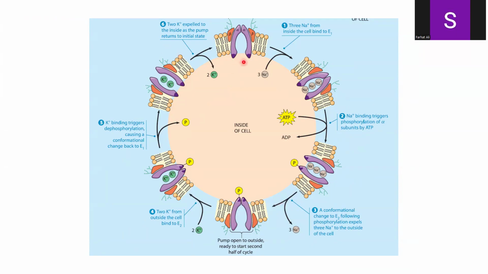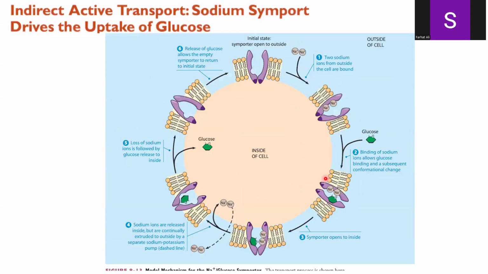Well, that was because of the direct active transport process, where the sodium potassium pump has pushed the sodium ions out, and then sodium along with glucose is symported into the interior of the cell. So the process is powered by the gradient of sodium ions. In this manner, the two important types of active transport processes, direct and indirect, are correlated to each other.